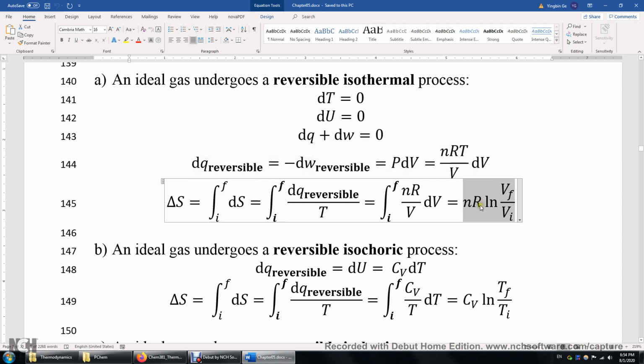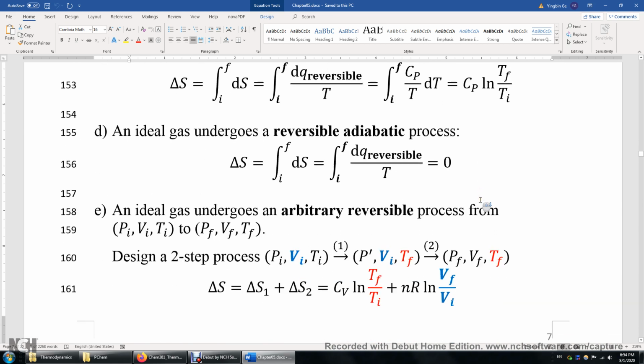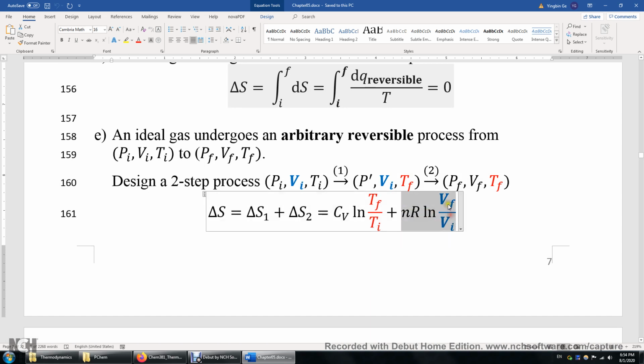We go through all this derivation, we get the entropy change to be nR times the logarithm of the ratio of volume. So we just put it in here: nR times the logarithm of the volume ratio, and Cv times the logarithm of the temperature ratio. In step 1, this is the entropy change. In step 2, as an isothermal process, this is the entropy change. And then we just sum it up, we get the total entropy change from the initial state to the final state. This is a reversible process.